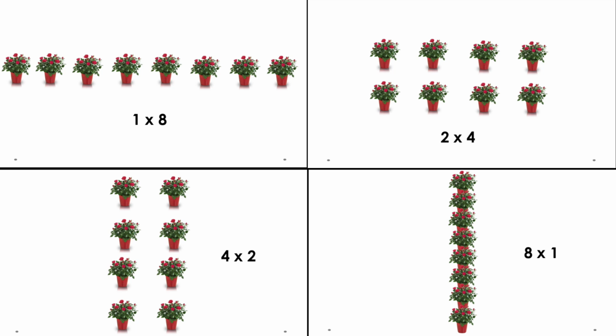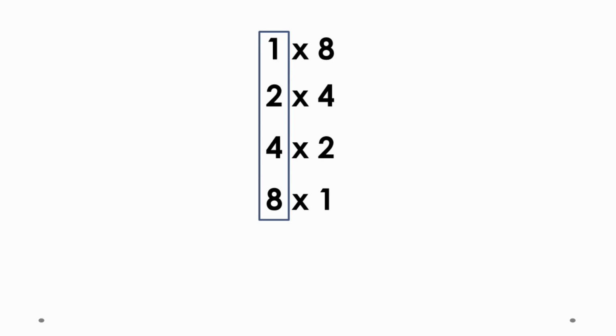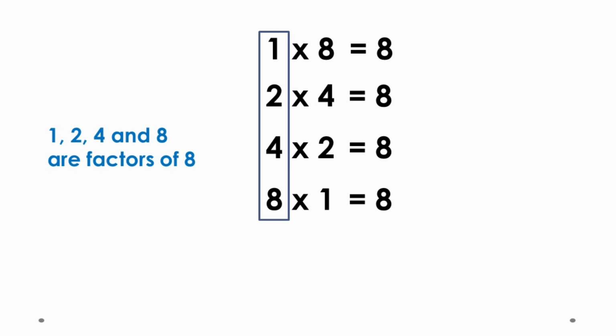Numerically speaking, number 8 can be represented as 1 into 8, 2 into 4, 4 into 2, and 8 into 1. Numbers 1, 2, 4, and 8 divide 8 exactly without leaving a remainder. Therefore, they are factors of 8. And 8 is the multiple of 1, 2, 4, and 8.